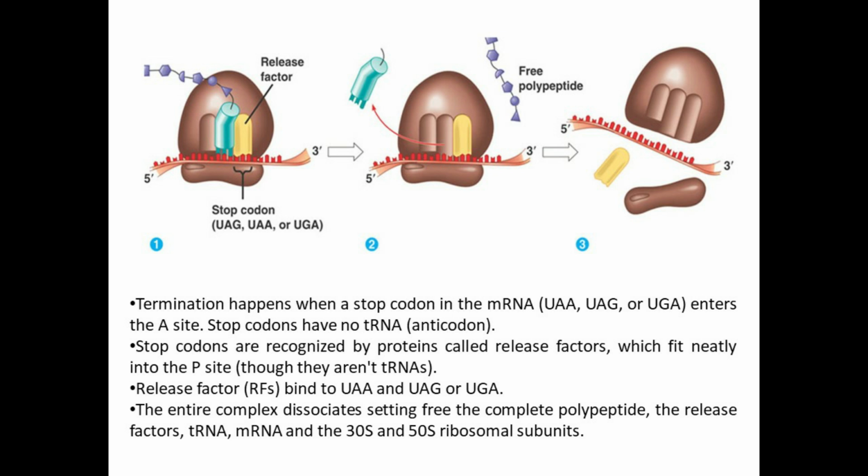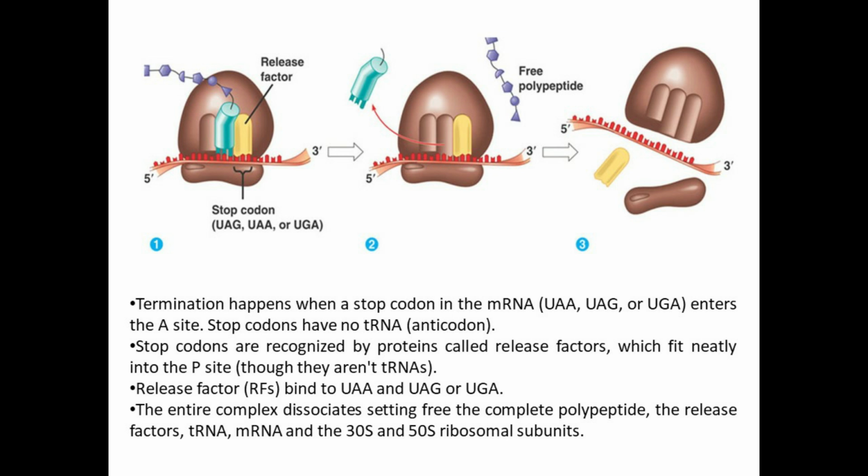Now, these release factors will interact with the peptide synthetase and make it hydrolytic. So, this peptide synthetase will hydrolyze the ester bond between the last tRNA and the last amino acid of the peptide chain. So the completed polypeptide chain is released.